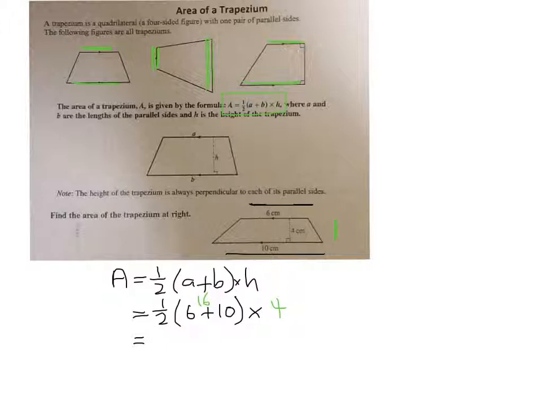So this is now equal to a half times 16 times 4. A half of 16 is 8. 8 times 4 is 32. The units we're dealing with here are centimetres, so we're going to have square centimetres.